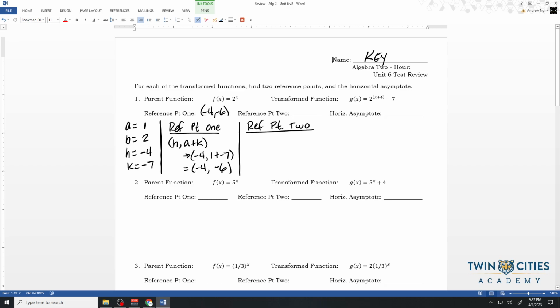Here I see growth, b equals 2. So that tells me that for reference point 2, this is h plus 1, and then comma, a times b plus k.